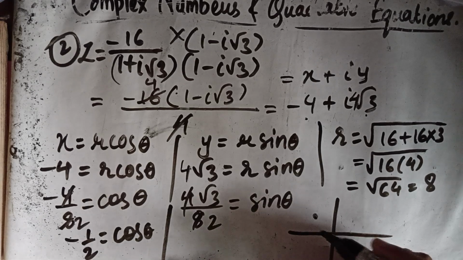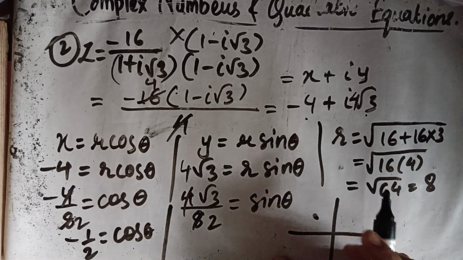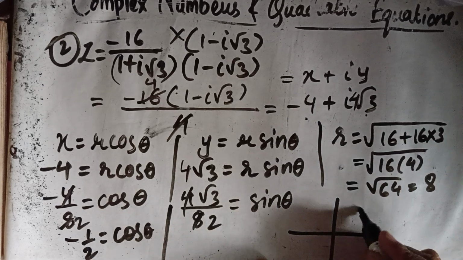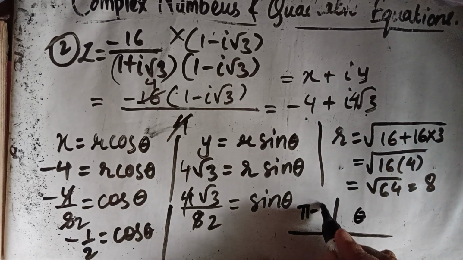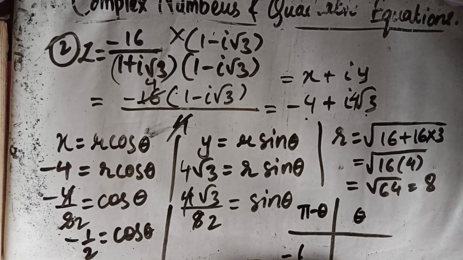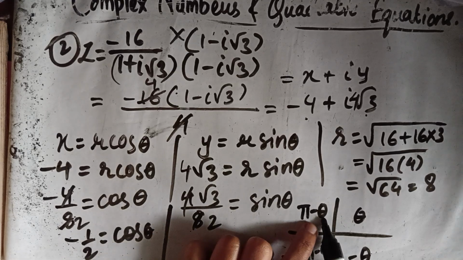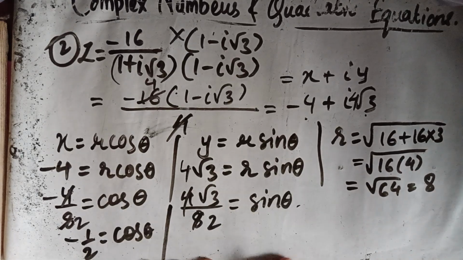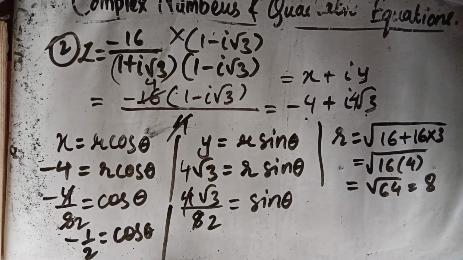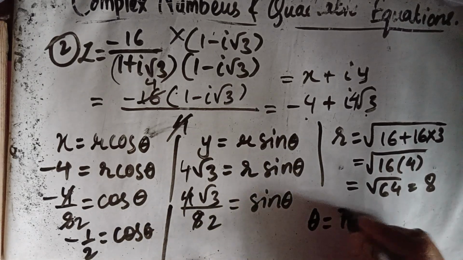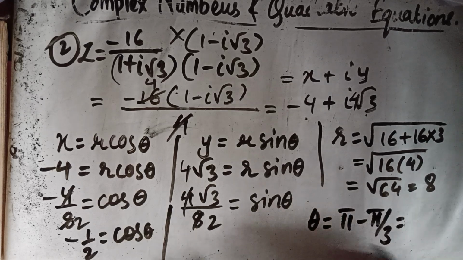So we have to write it as pi minus pi by 3, because here we take theta, here we take pi minus theta, here we take minus of pi minus theta, and here we take minus theta, right? To find the principal argument. So this is pi minus theta. Theta we have got as pi by 3. So our value is pi minus pi by 3, which is 3 pi minus pi by 3.